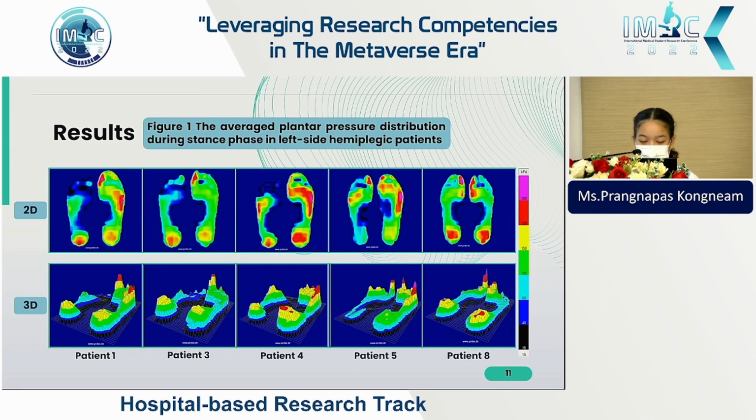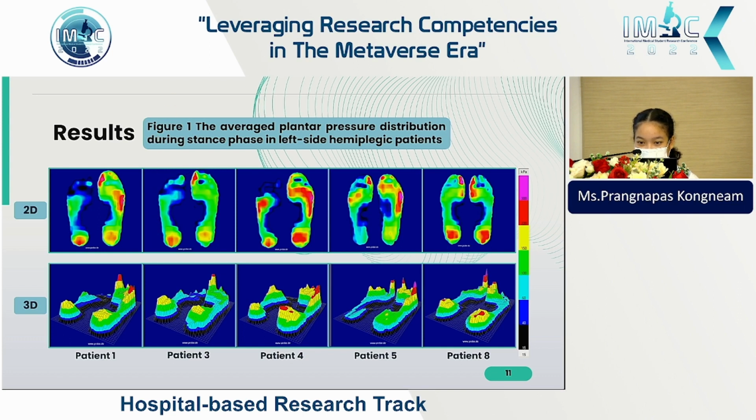This result shows the 2-dimensional and 3-dimensional representation of the average plantar pressure distribution during stance phases. The first figure represents the left-side hemiplegic patients, and you can see that the left side had lower plantar pressure, especially at the forefoot, in all of the patients.